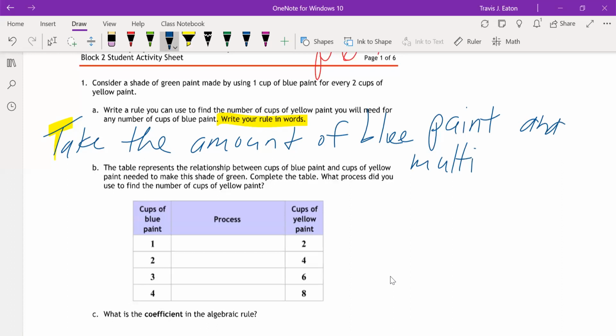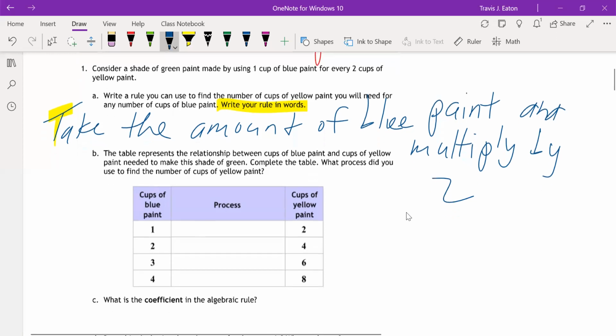That makes sense, right? Because if you take any amount of blue paint and multiply that by 2, that should get us to the amount of yellow paint that we need.